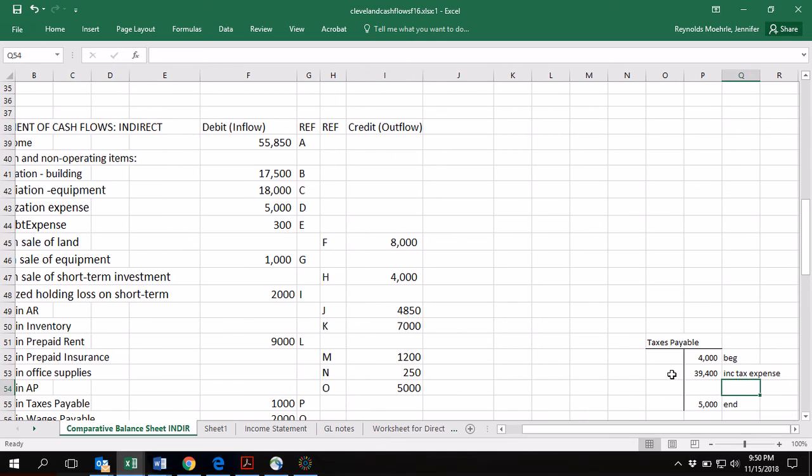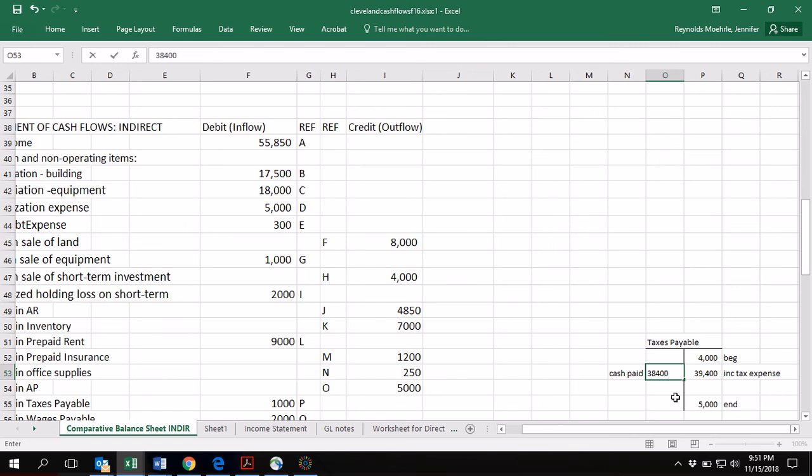I'm looking for cash paid, which is what makes taxes payable smaller, right? With the cash that I pay out in taxes. So I would do a little T account math there and figure that number out. And when I did that, I would come up with the amount 38,400.